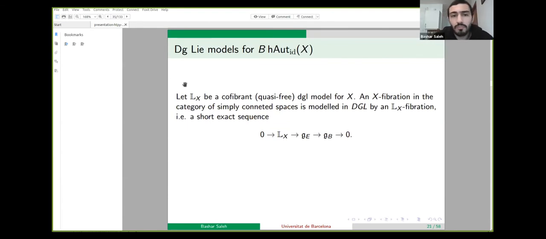Okay, so let L_X be a cofibrant DGL model for X. And an X fibration in the category of simply connected spaces is modeled in the category of differential graded Lie algebras by an L_X fibration. And what is an L_X fibration? Well, it's just a short exact sequence like this, where G_E is a model for the total space, and G_B is a model for the base space.